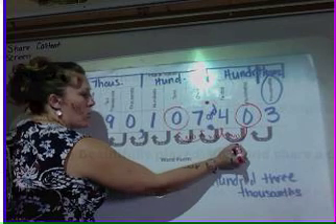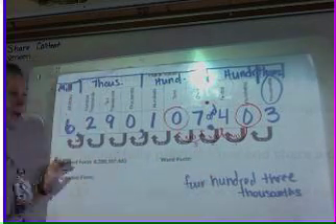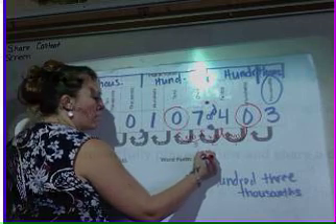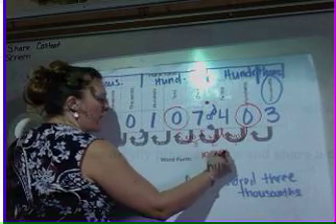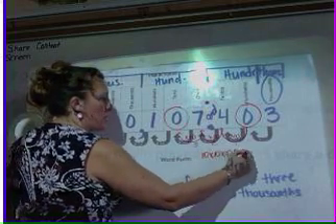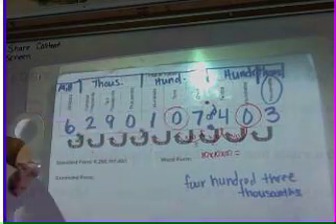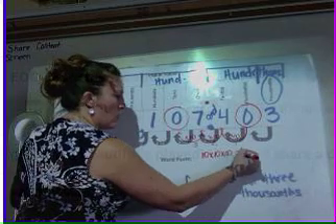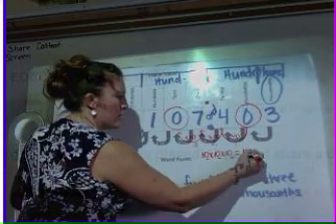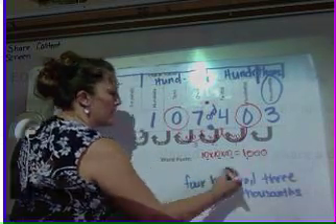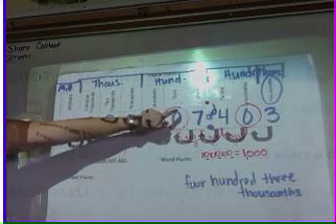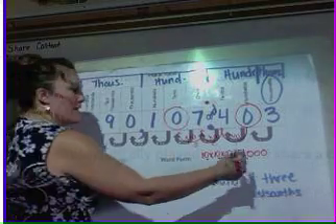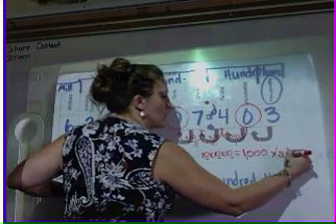So I jumped 1, 2, 3 times, which means I need 3 tens. So this is 10 times 10 times 10, which means the value of this in the tens spot is 1, and then I've got 3 zeros, 1, 2, 3. This value is 1,000 times bigger than this value.